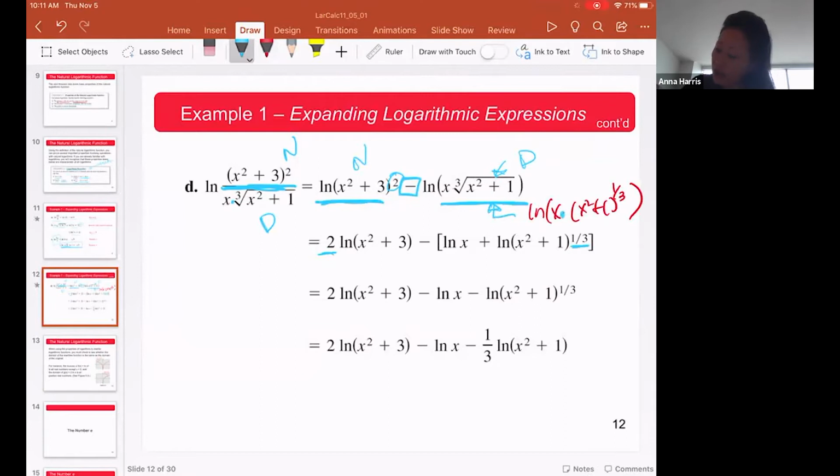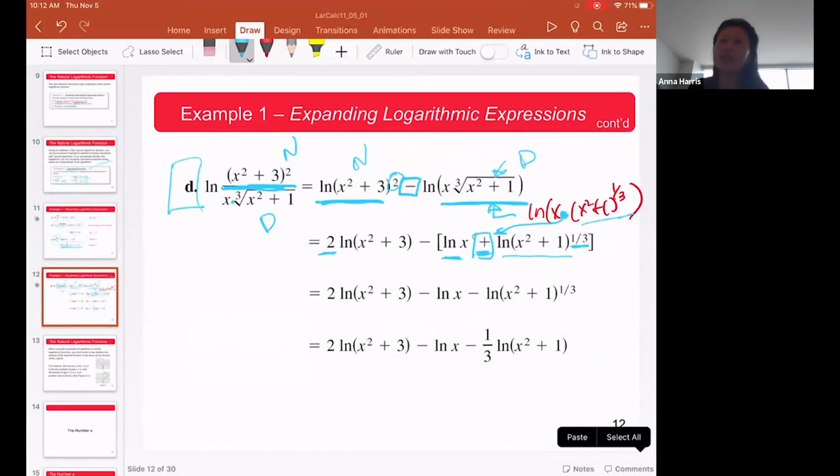You have a multiplication, so you can make it into two parts as an addition problem. That's why you have this addition right here. That came from over there. That becomes an addition problem. That's why you have natural log of x, and you have this part, which is that one right there. Right. Is everybody following me?